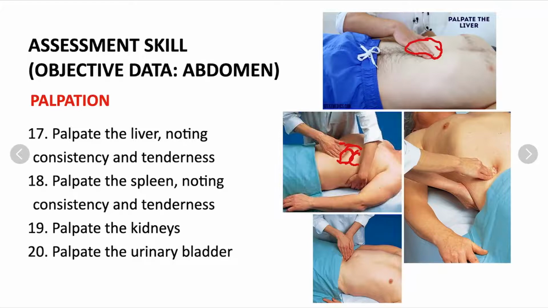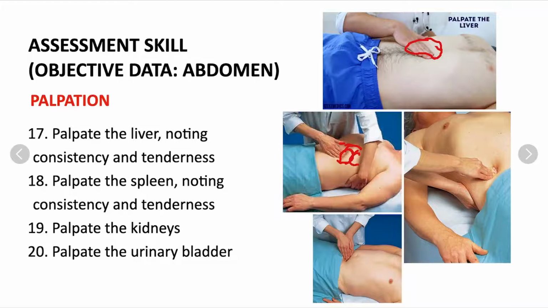Okay, so palpate it. Note for consistency and tenderness. So the normal finding is there are no masses noted upon palpation, and there is no tenderness or pain while doing it. Okay, so next one would be palpating your kidneys.